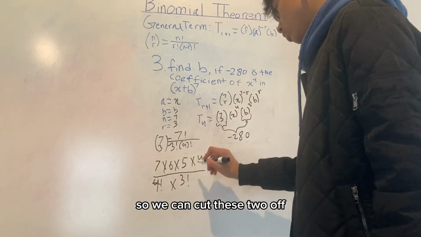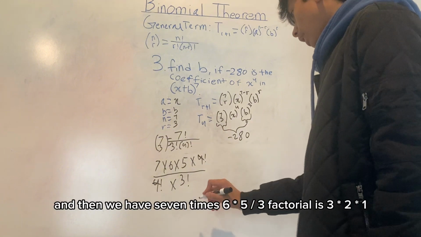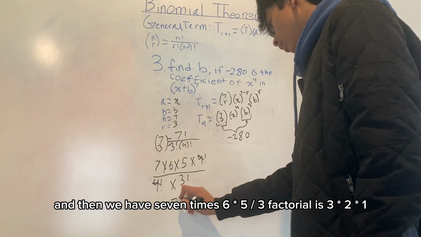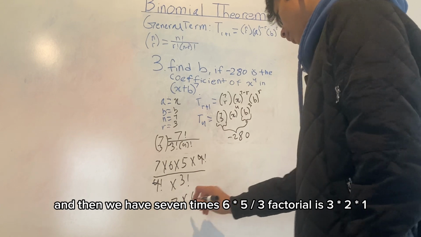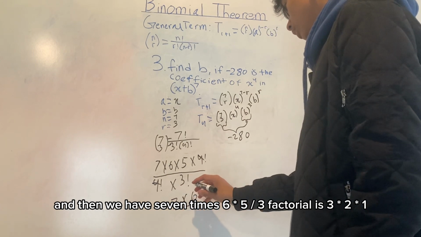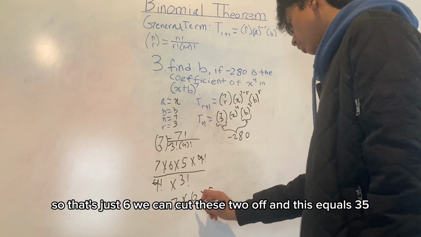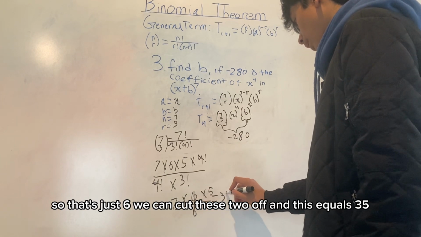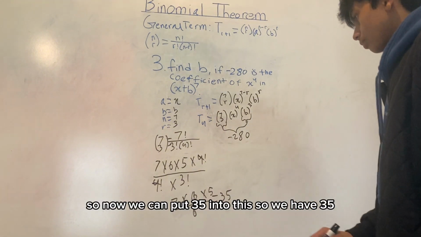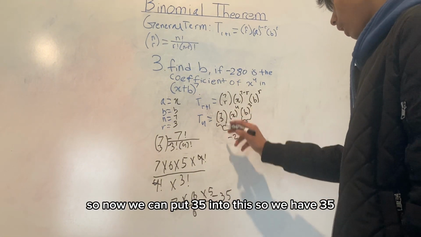So we can cut these two off, and then we have 7 times 6 times 5 divided by 3 factorial, which is 3 times 2 times 1, so that's just 6. We can cut these two off, and this equals 35. So now we can put 35 into this.